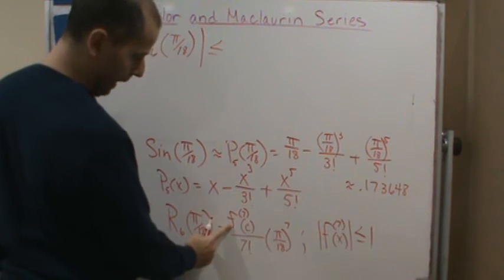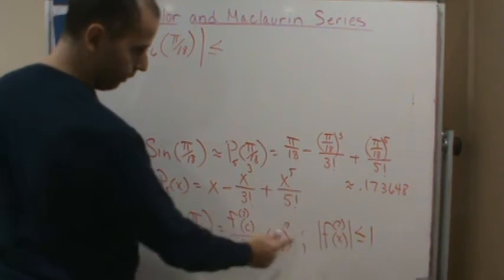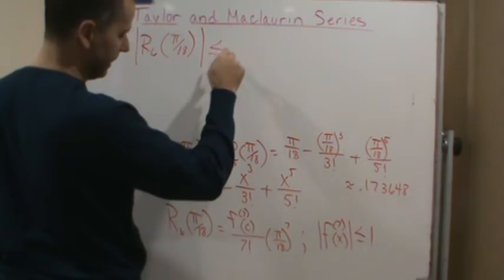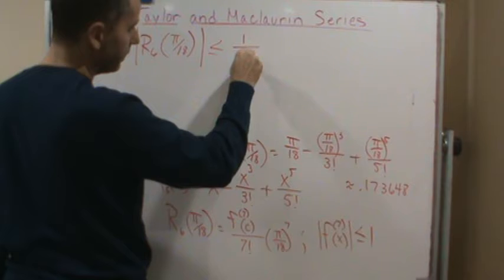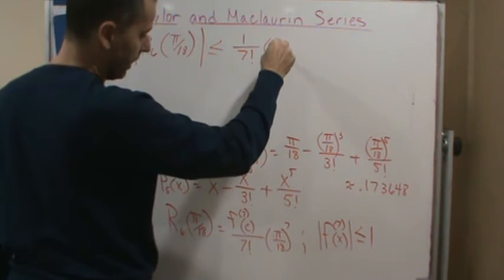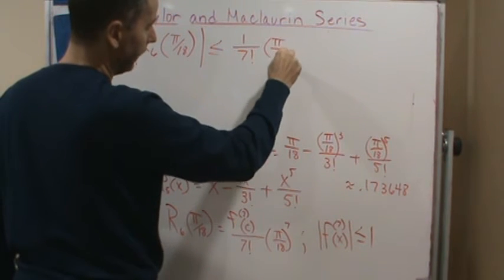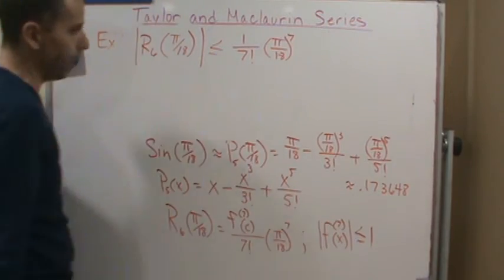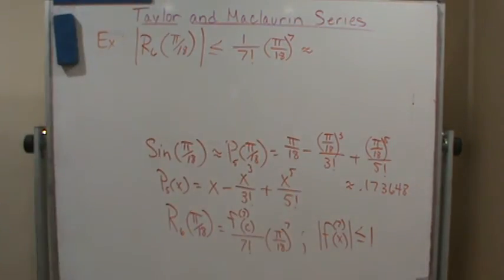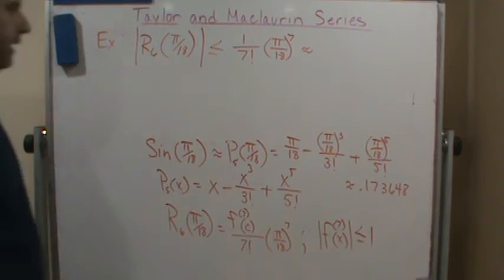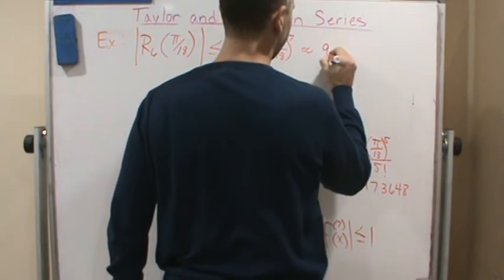Since this is bounded by 1, that means this has to be less than or equal to 1 over 7 factorial times pi over 18 to the 7th power, which is approximately equal to, if we stick that in our calculator, 9.8 times 10 to the negative 10th power.